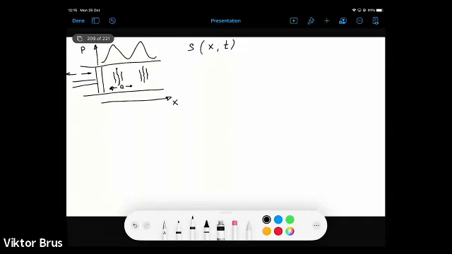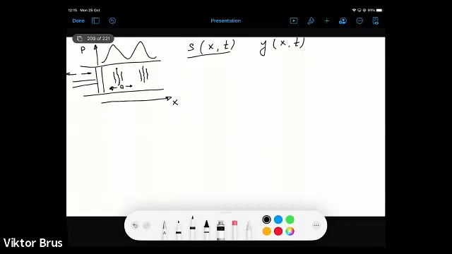So we will have our wave function, which provides the information on the displacement along axis x as a function of position x and time t, as opposed to our previous case when we considered y as a function of position and time.